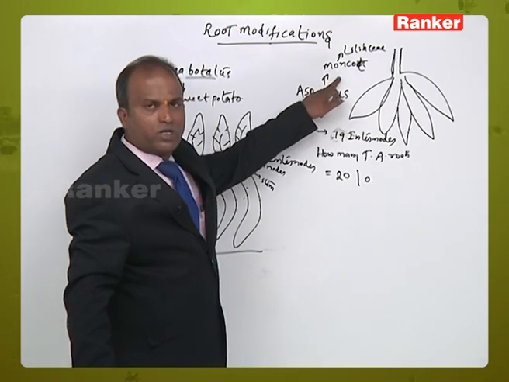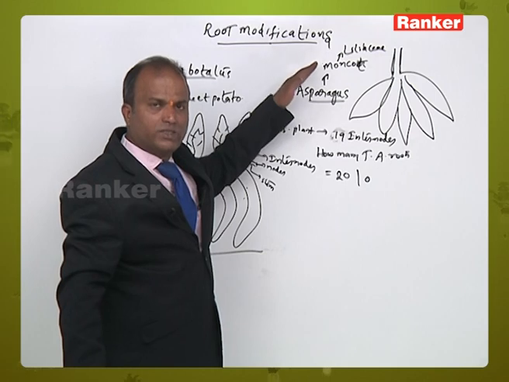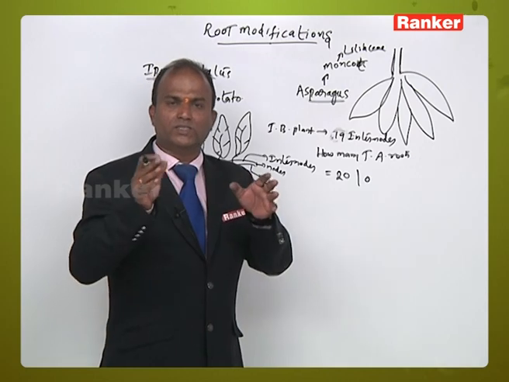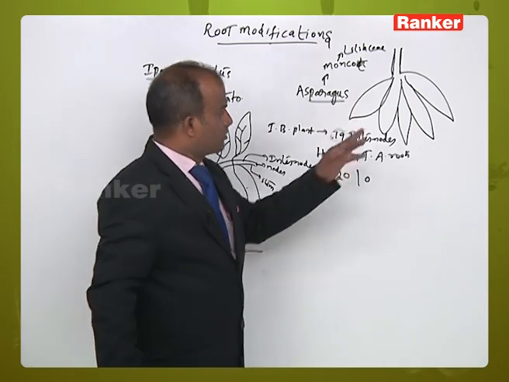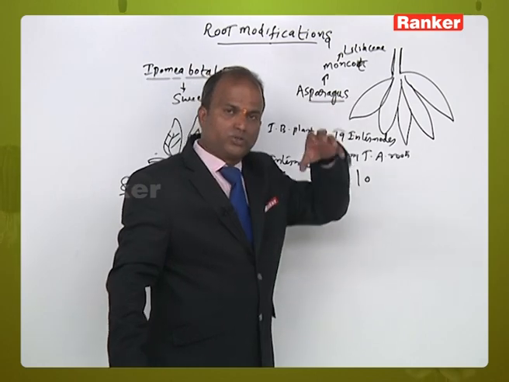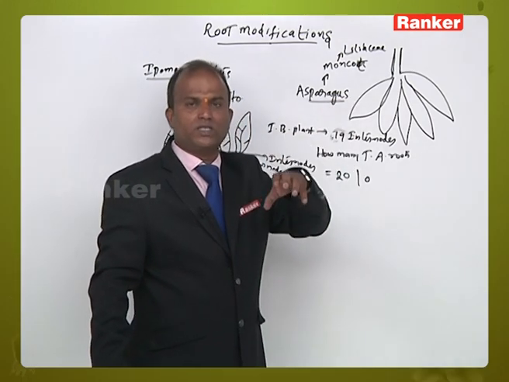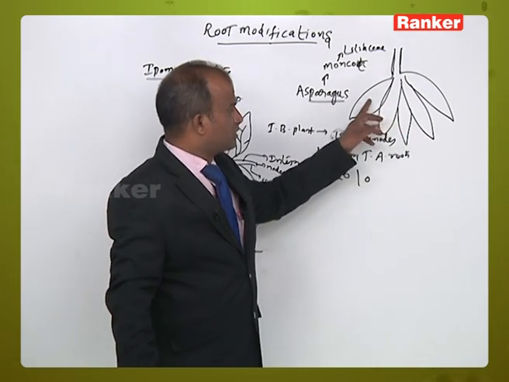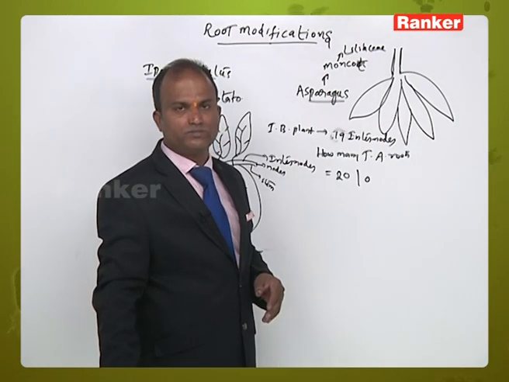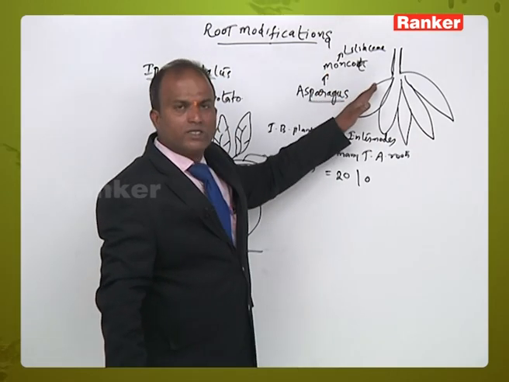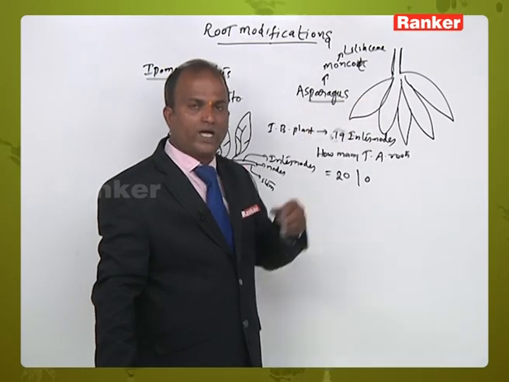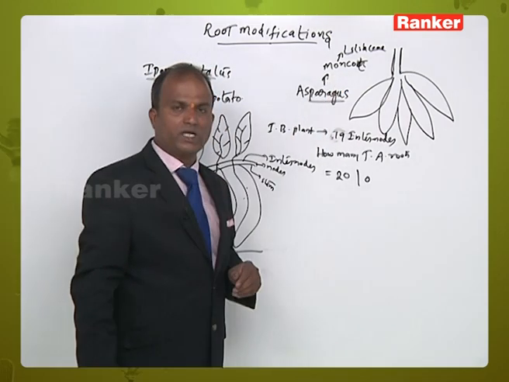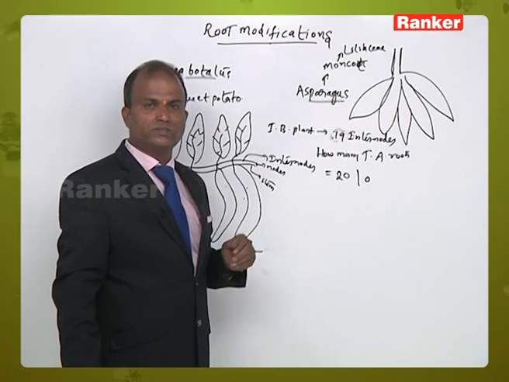As it is a monocot belonging to Liliaceae, from the basal portion of the stem, clusters of fibrous roots develop due to the storage of food materials into clusters of fibrous tuberous roots, seen only in asparagus. So we have completed asparagus now.